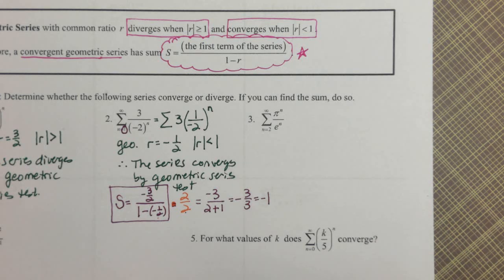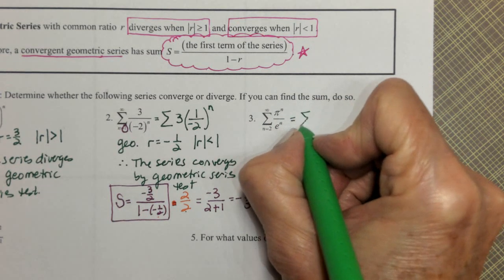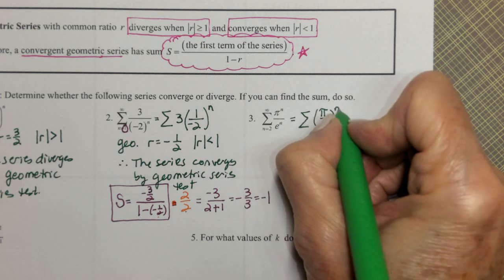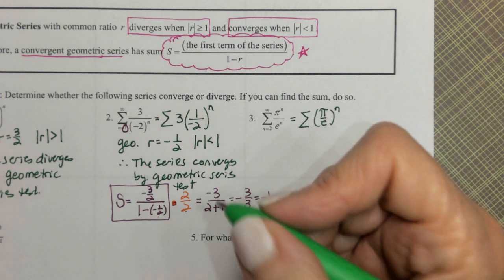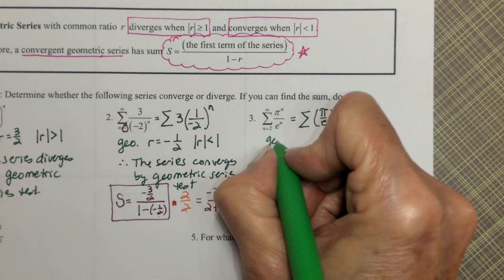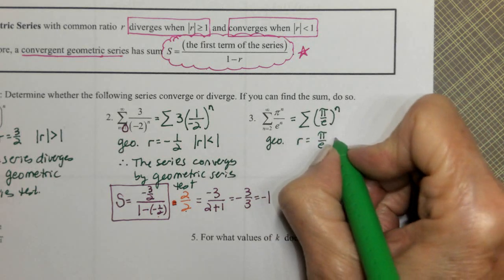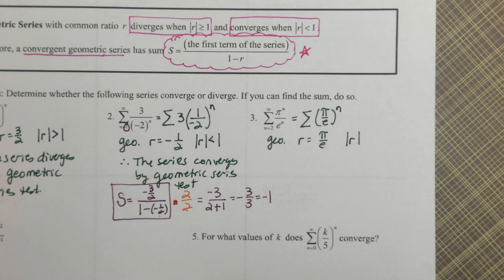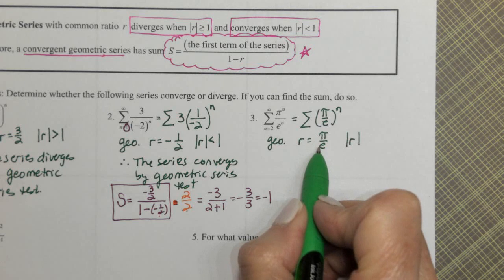All right, for the next one, I can rewrite this as pi over e all to the n power. And then it's in the form of a geometric series. So this is geometric. r is equal to pi over e. And the absolute value of r is, okay, is this greater than 1 or less than 1? Well, pi is 3 point something. e is 2 point something.